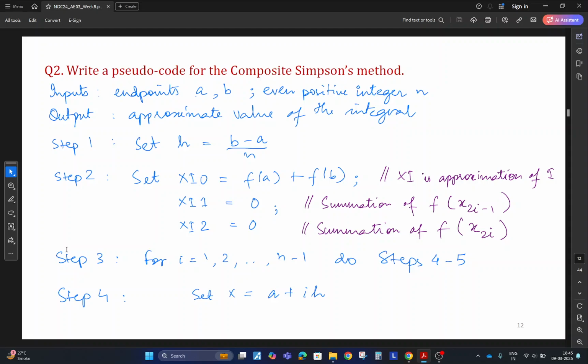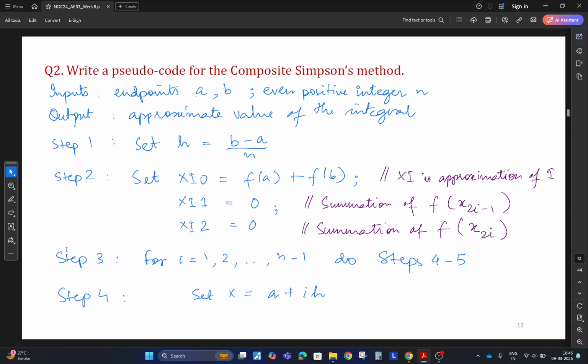The inputs which we will be requiring are the endpoints of the interval a and b, and the positive integer, which is also even, into which we want to divide the interval.